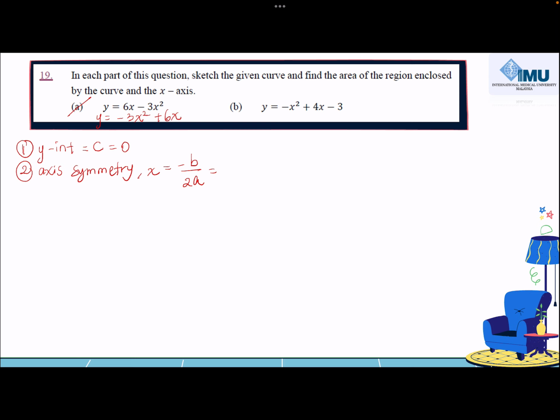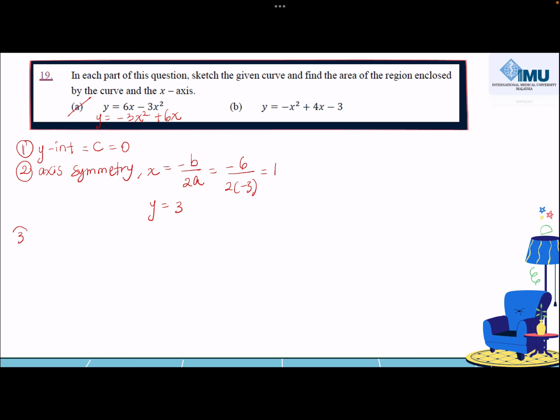A will be negative 3. So if I substitute in all that information, I will obtain my x as 1. Now, what will be the value of y when x equals 1? Yes, you will obtain your y as 3. This coordinate will be the turning point.